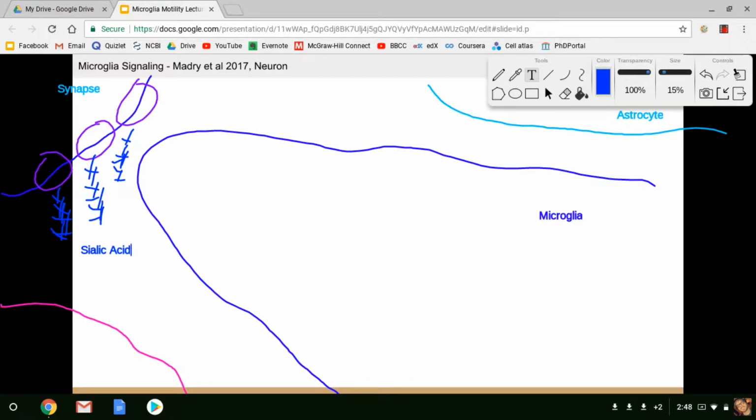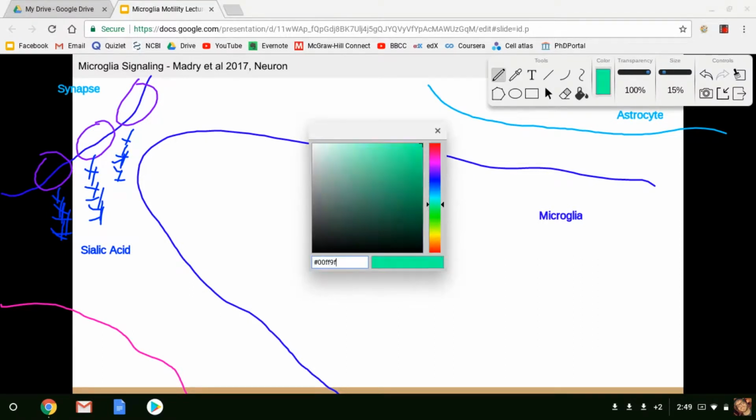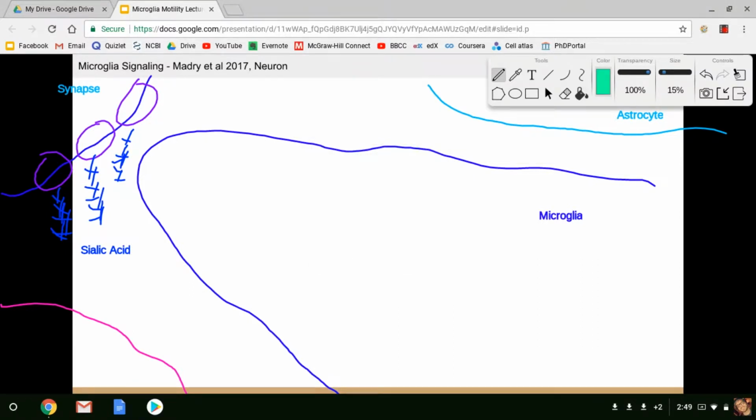And sialic acids actually function as a don't eat me receptor for microglia. Microglia have a specific receptor that binds to sialic acids, called the Siglec-11 receptor. And so Siglec-11 binds to these sialic acids. When it does that, I'm not sure of the mechanism, but it inhibits phagocytosis. So basically, synapses that are healthy have these sialic acids that protect them from phagocytosis by microglia.